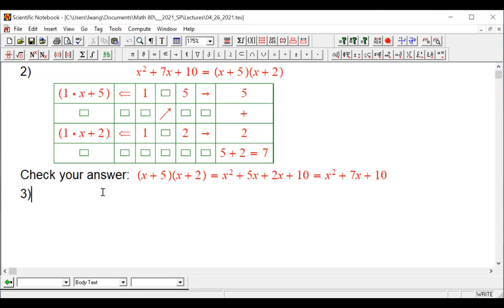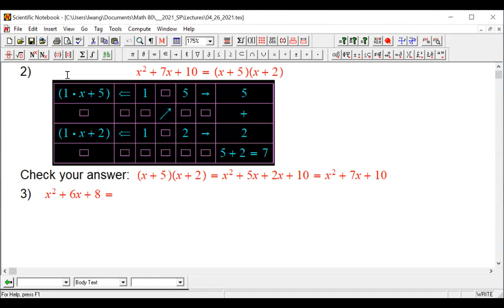Okay, so number 3. The quadratic function we have here is x squared plus 6x plus 8. What answer did you get? Come on, tell me the answer. You don't want to share your work? Could you show me your answer? You can put your answer on chat. Come on, guys. No?